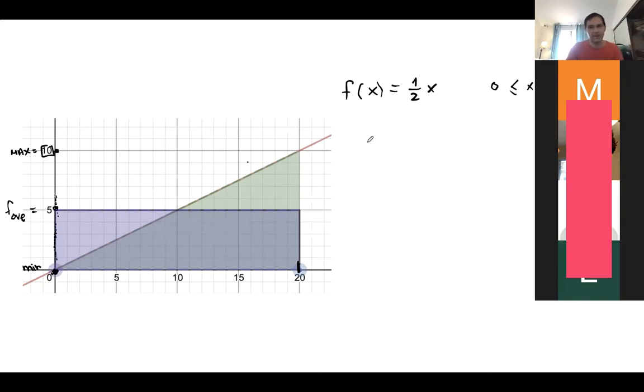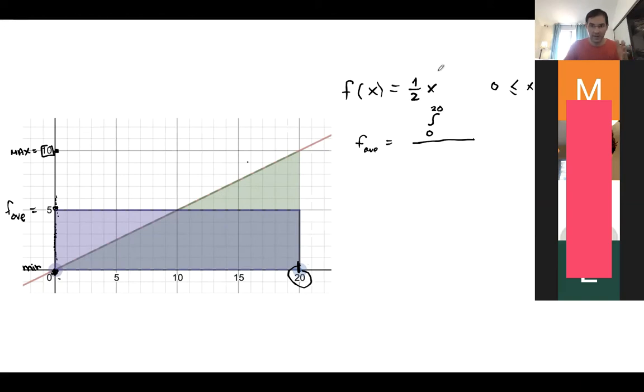So let's compute the average value of this function formally. How do we compute the average value of a function? In a very simple way. I have to take this function f and integrate from 0 up to 20 of this function f.